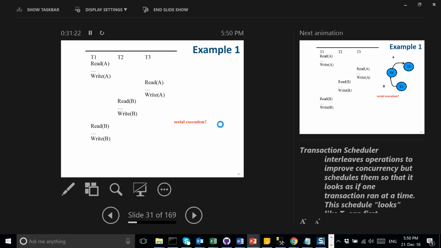For reading it's fine. You can open it, multiple applications can open the same file, there is no problem. But for writing, one at a time. Same concept. So it will ask for an exclusive lock on A, I will call it here X on A. This will be granted because no one has any lock on it yet. And then it will do a write A.